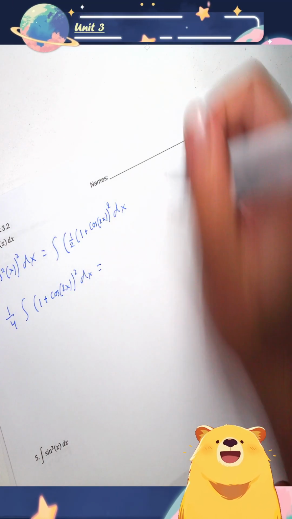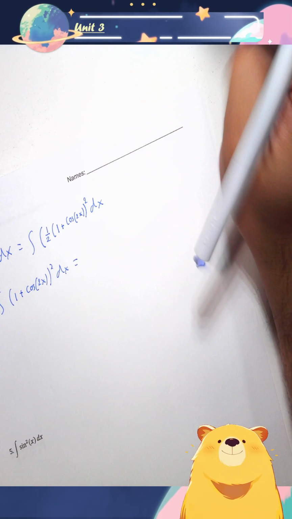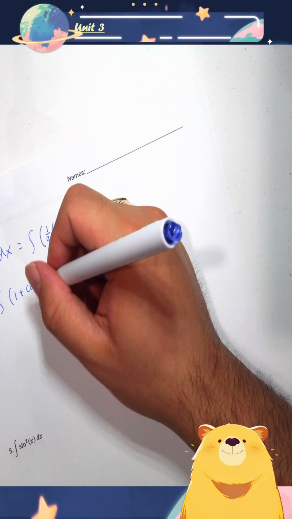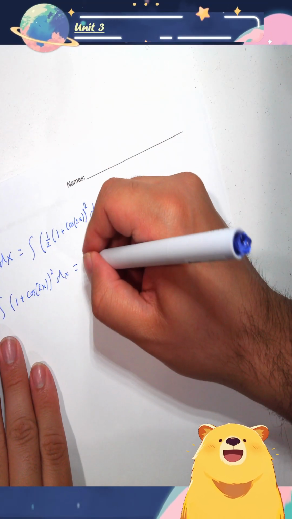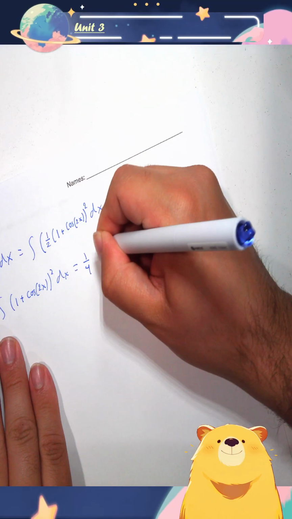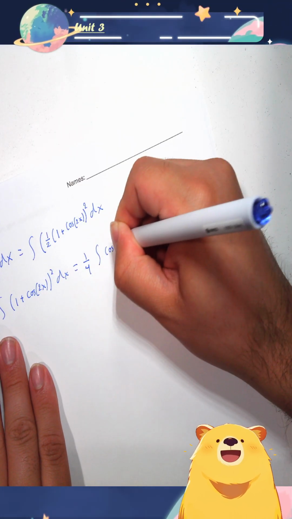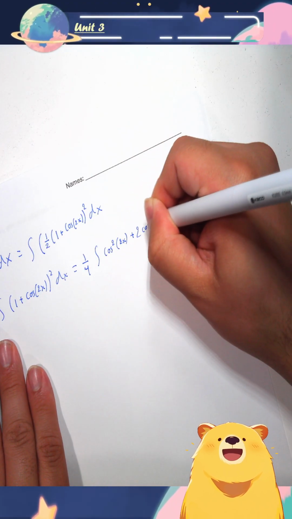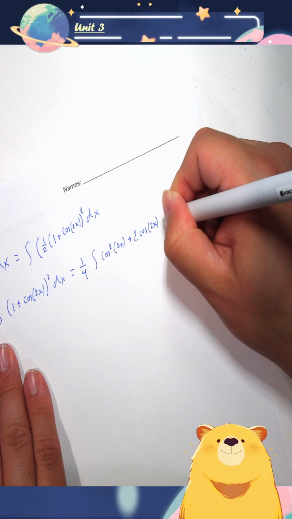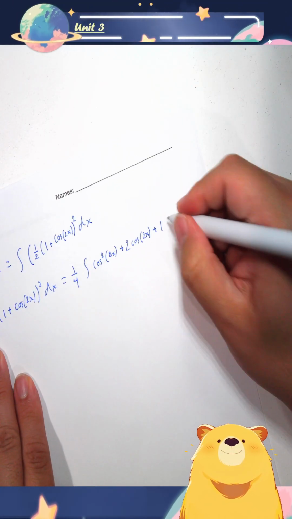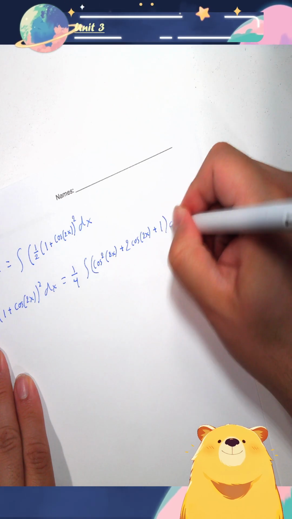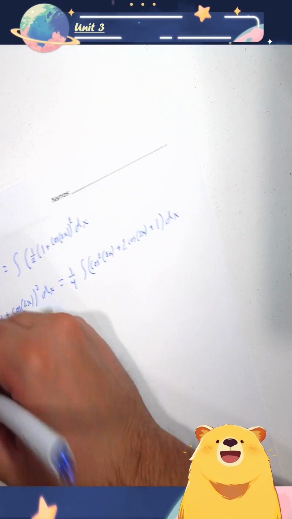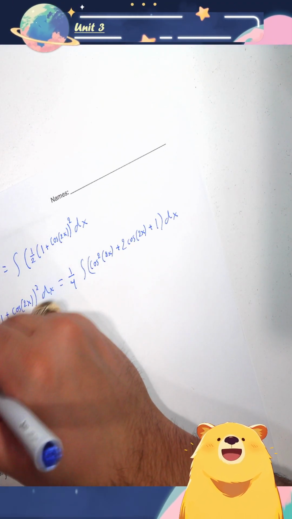Well, we know that's just going to be a FOIL: cosine squared of 2x plus 2 cosine of 2x plus 1. And then you also may benefit from doing a power reduction formula from there as well.